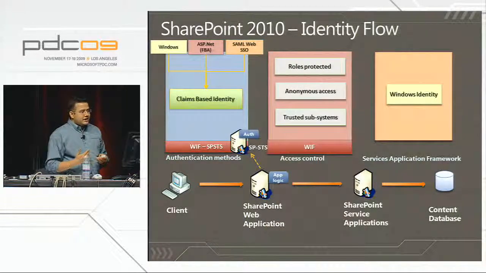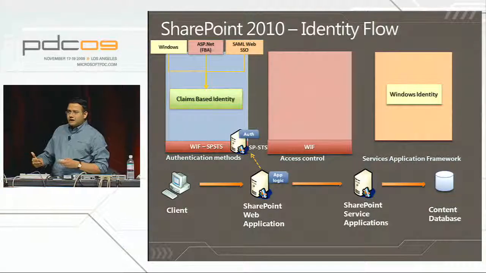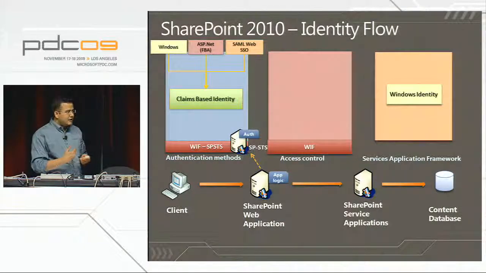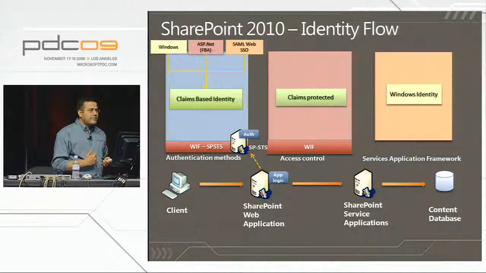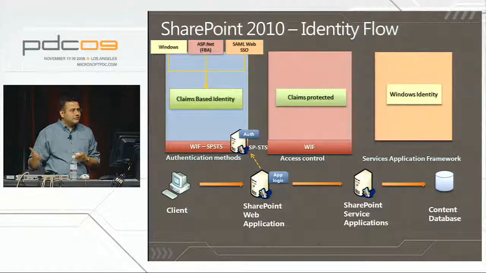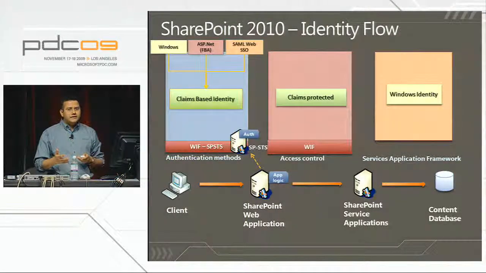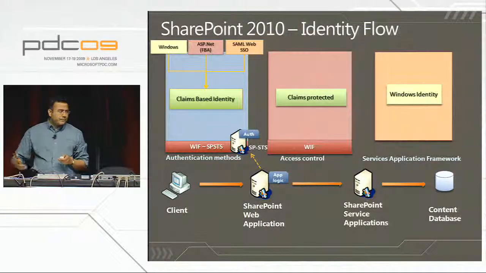The second major change is on the access control aspect. Based on the claims identity that comes in, we are able to protect the resources just based on claims alone. Automatic identity delegation is now available for you, so you have both user identity and the service identity available at the access control level at the back-end services too.